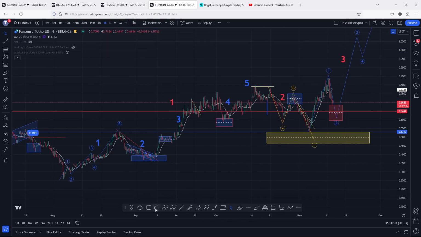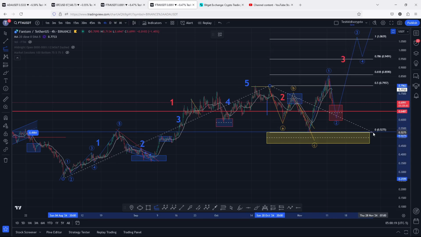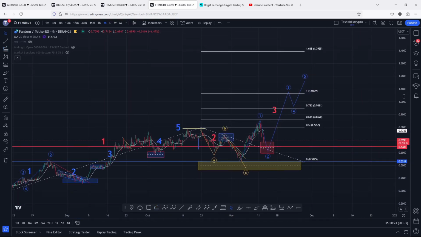whose minimum target areas can be given by connecting the trend-based Fibonacci from the low of the first wave to the high of this wave 1, then dragging the fibs to the low of the second wave, giving me a minimum target area for the third wave at the Fib level 1.618, and that lies above the $1.3955.